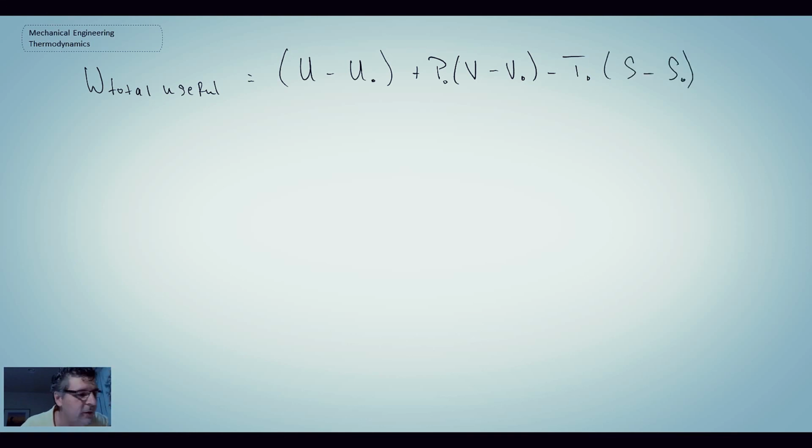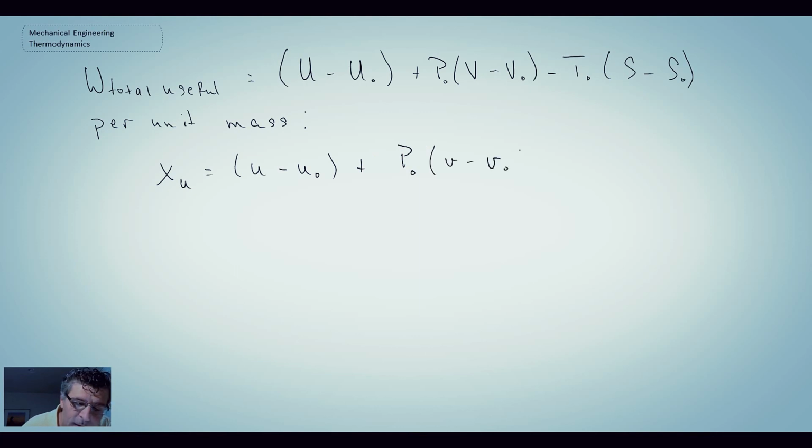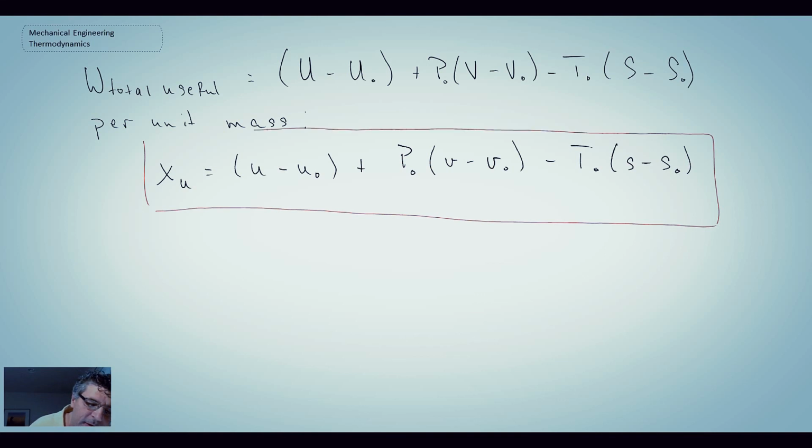So that gives us total useful work, and usually what we will be doing is looking at this per unit mass, and so I will then rewrite it, and we're going to use a little x and a subscript u to denote exergy for internal energy. So these are now small u's to denote that it is per unit mass. Again for the specific volume, and then finally for the entropy. So that gives us an expression for the exergy associated with internal energy.